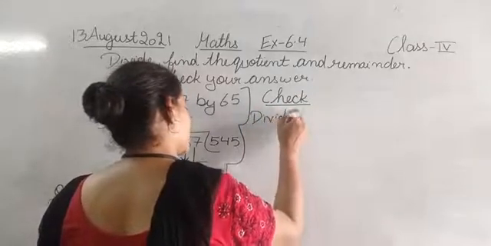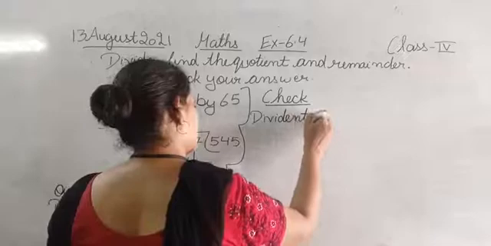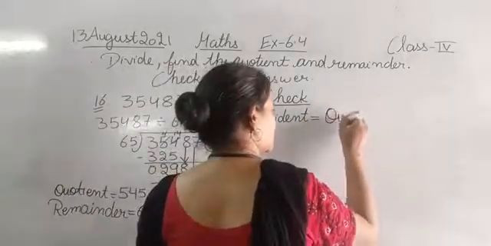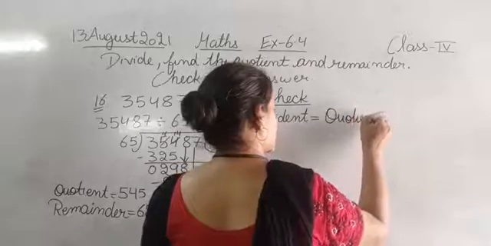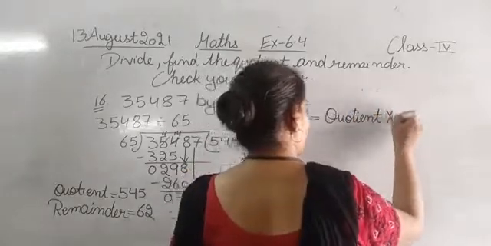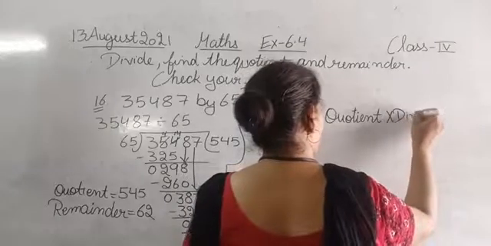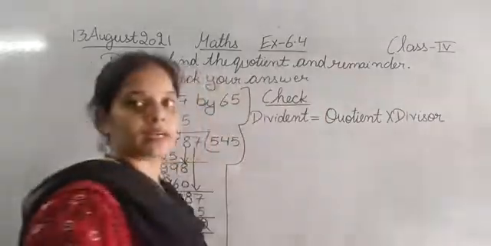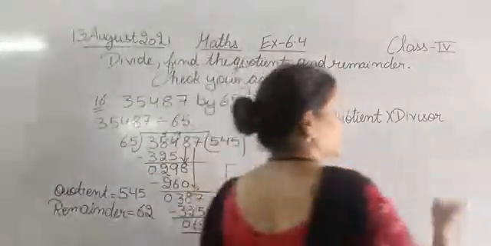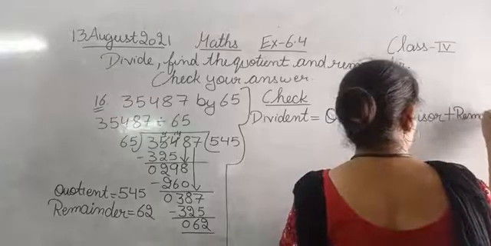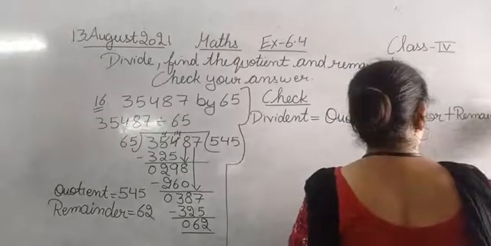To check the answer, we will apply the formula that is dividend is equal to quotient multiply divisor plus remainder.